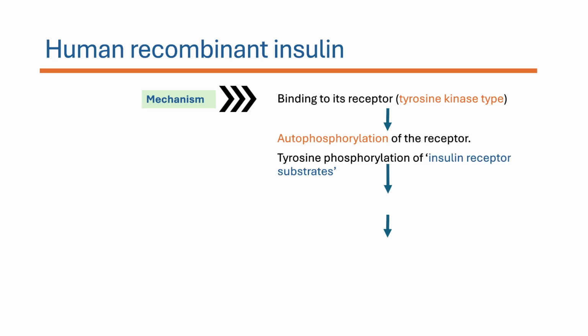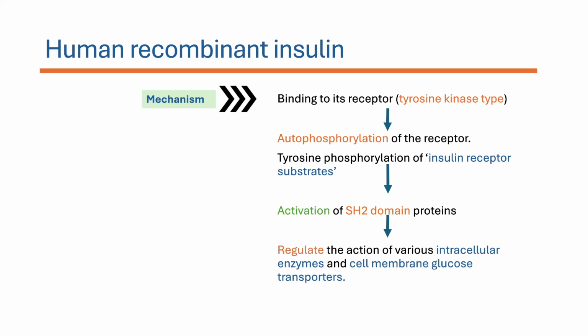Thereby there is a tyrosine phosphorylation of insulin receptor substrate, which then activates the SH2 domain protein, which is responsible for regulating the various intracellular enzymes as well as the cell membrane glucose transporter. That means whenever you activate the insulin receptors, it will activate the glucose transporter present on the cells. Thereby there will be intake of glucose. That means insulin will help in uptake of glucose into the cells.